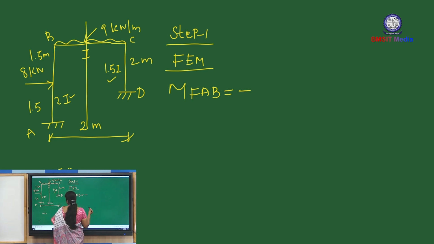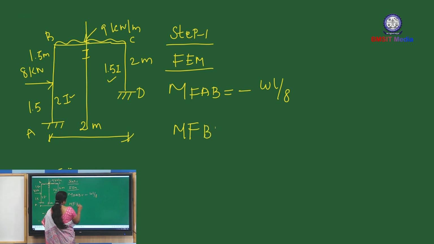Here the load is acting at the center of the span AB. So the formula is minus WL by 8. Now coming to MFBA, fixed end moment at B of the member BA. Here this is the right side of this span AB.